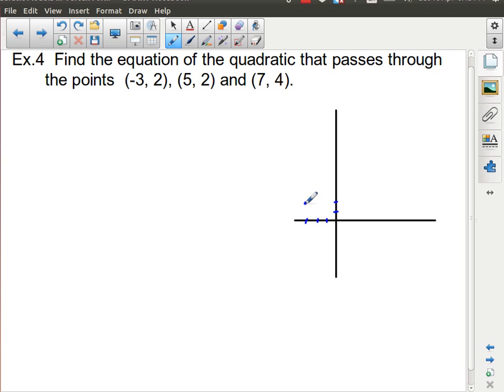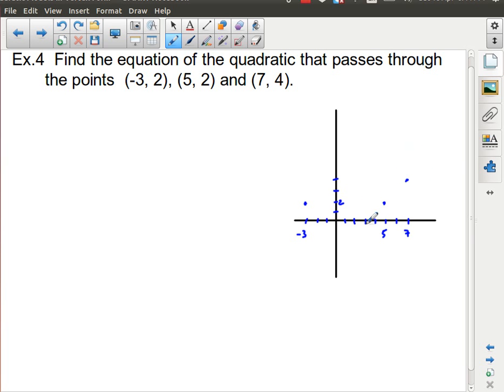And yes, I could put a grid on here just as easily, but I want to show you that even if you're doing this by hand, just doing a quick sketch, you can still space these things out just by hand, trying to keep them even. So this one's at 5, 2. And then we have 7. So there's 7, there's 5, there's -3, 2, and then we've got a point at 7, 4. So you can see you can do a reasonable job even if you don't put a grid on there.